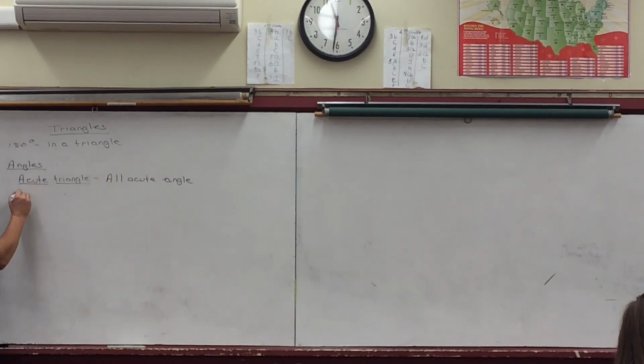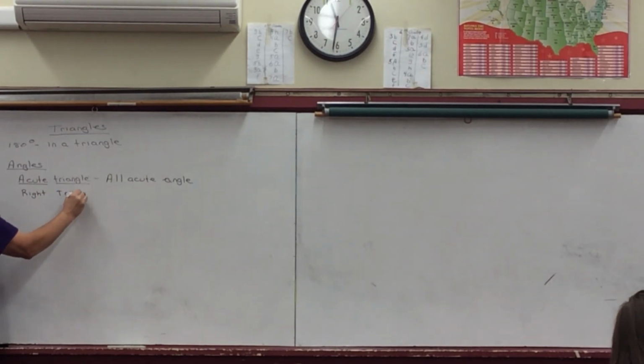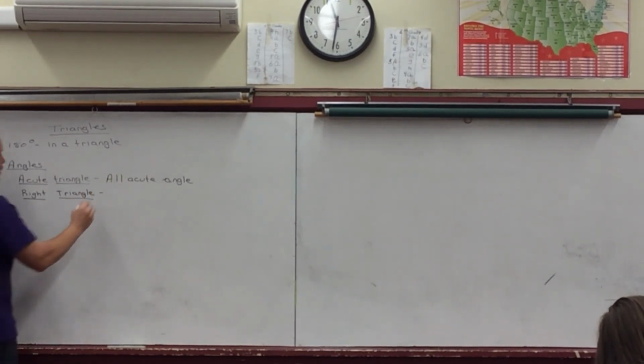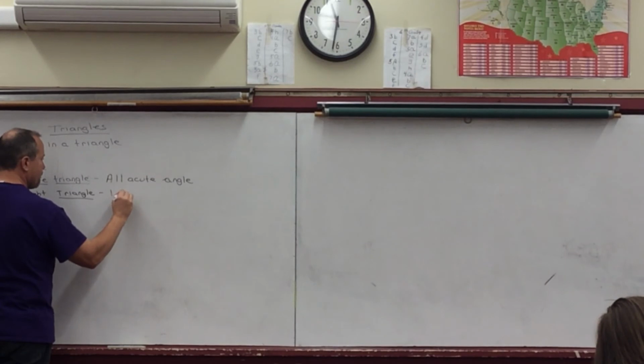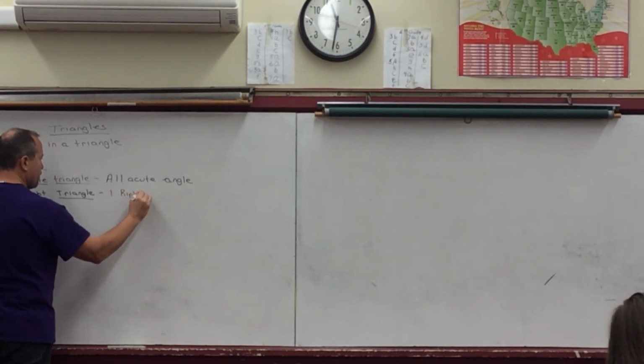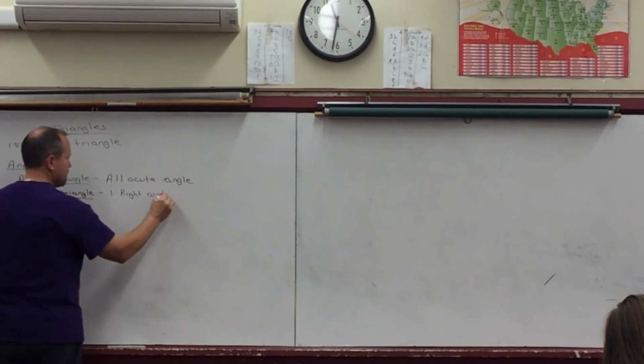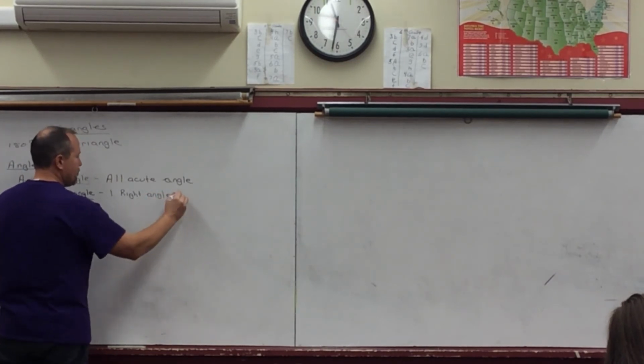The next one is a right triangle. And in a right triangle, there is one right angle and two acute angles.